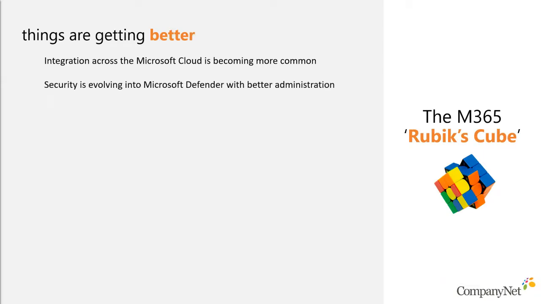And security is evolving into Microsoft Defender with better administration. So one of the big announcements at Ignite is the change of name of Cloud App Security, which is one of my favorite products. That's now changed to Microsoft Defender for Cloud Apps.